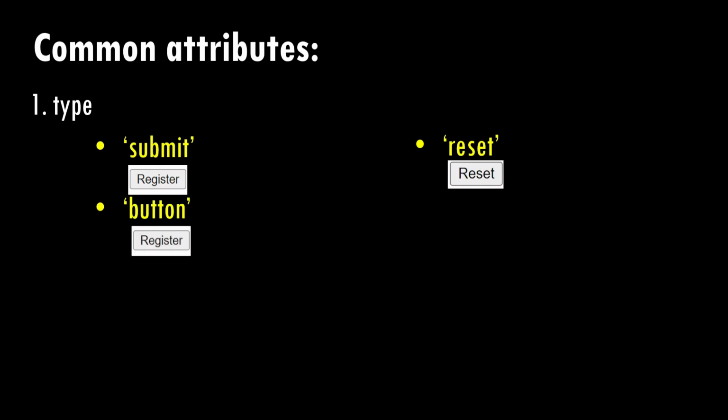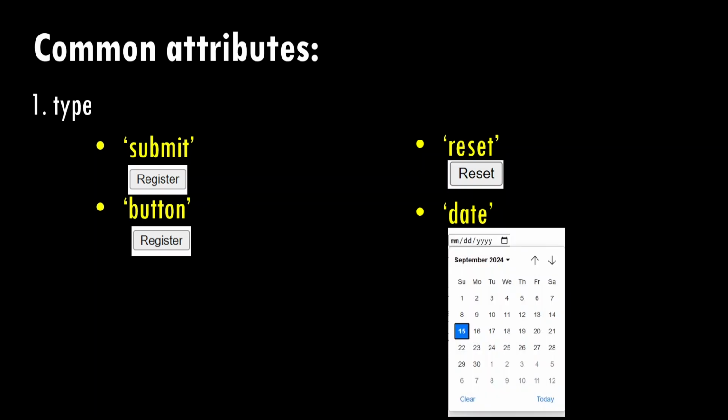These three types look alike. Next is date, an input for selecting a date from a date picker. It may look like this. MMDDYY. You can change the format with JavaScript.